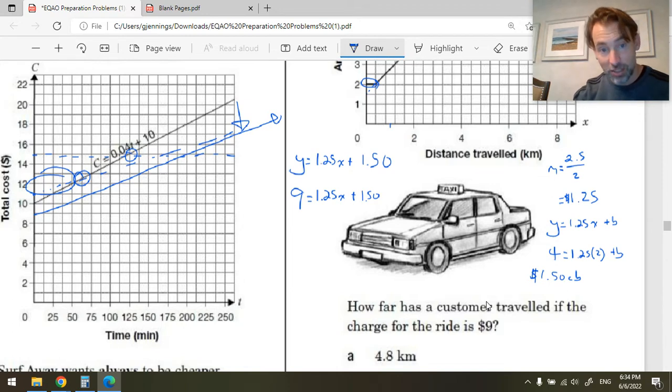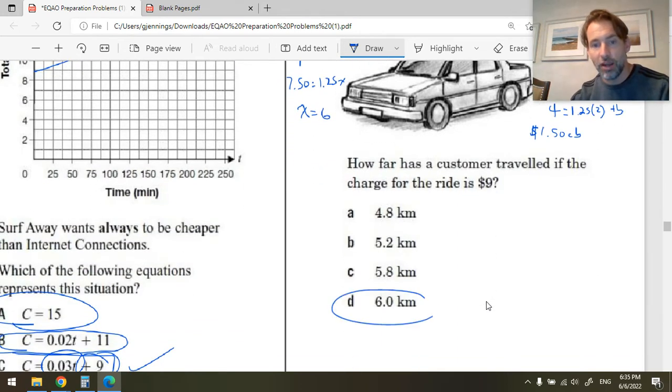Subtract $1.50 from each side gives you $7.50 equals 1.25x, and I can already tell you that x is 6. So divide both sides by 1.25. x equals 6. So it's not 5.8, it's 6. Our graphical solution was good enough, turns out.